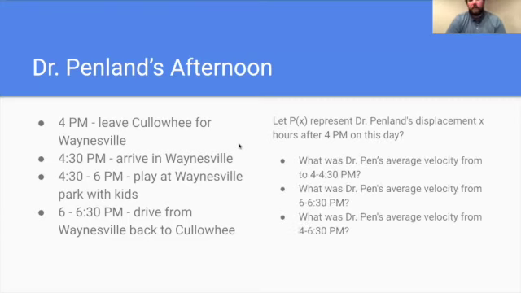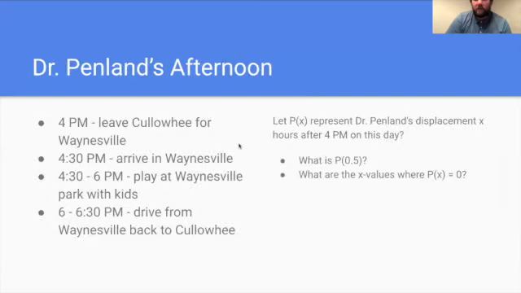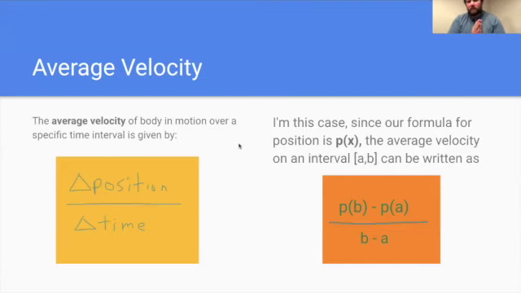Now we can ask about average velocity. Remember that average velocity is just a change in position over time, but it's important to remember that the change in position can be positive or negative depending on which way we're going. Since our formula is p of x, we can write the average velocity on the interval AB as p of b minus p of a over b minus a.